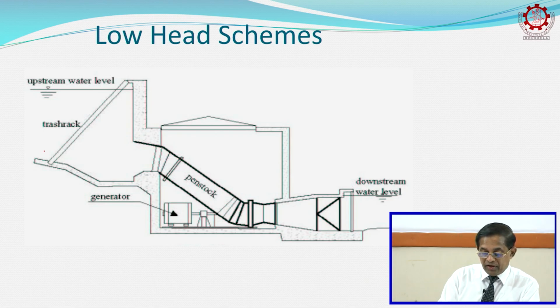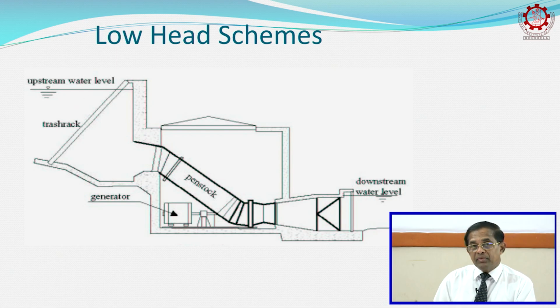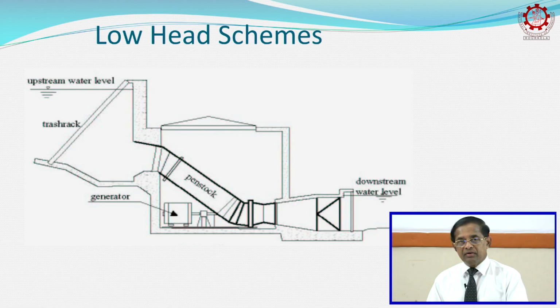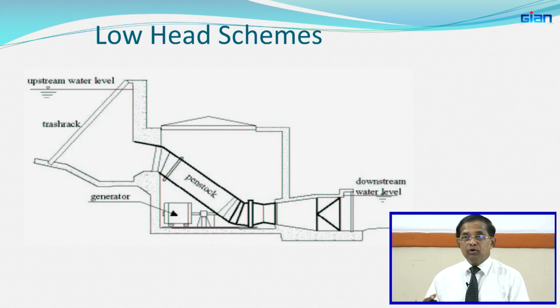So here is the reservoir, and usually in any powerhouse, whether it is high head, low head or medium head, we have, in addition to the desilting basin, which will take out sand and silt, but not the floating objects like leaves and logs and other things, that will not be filtered out.